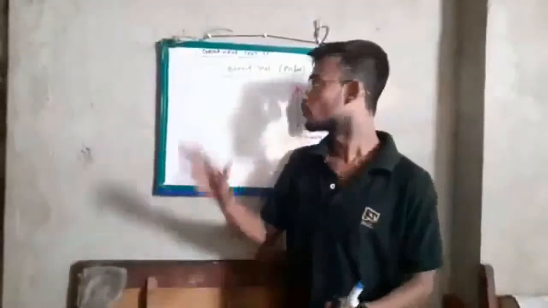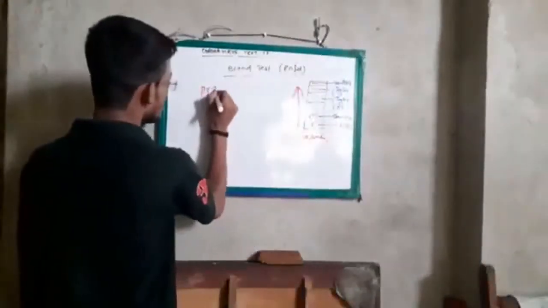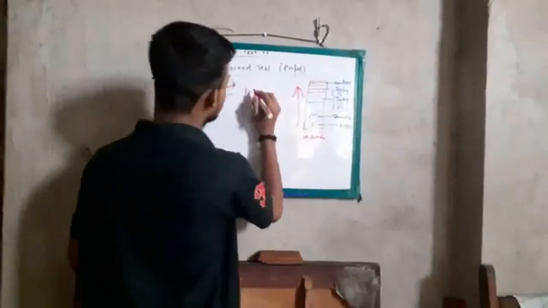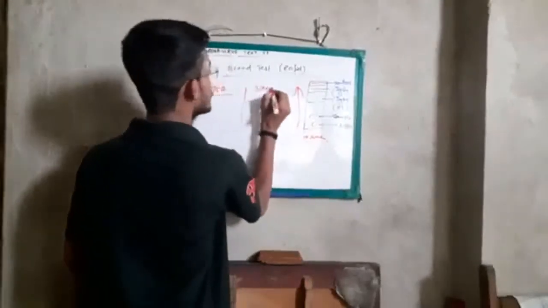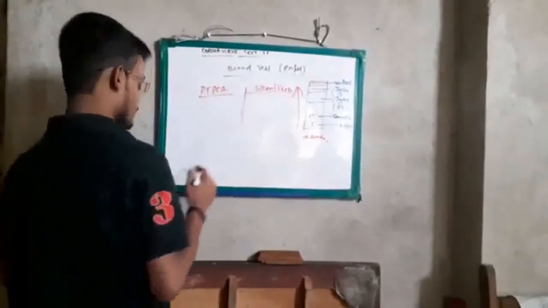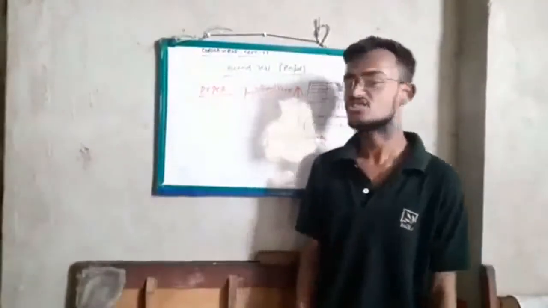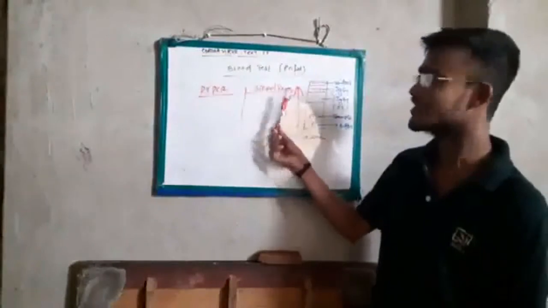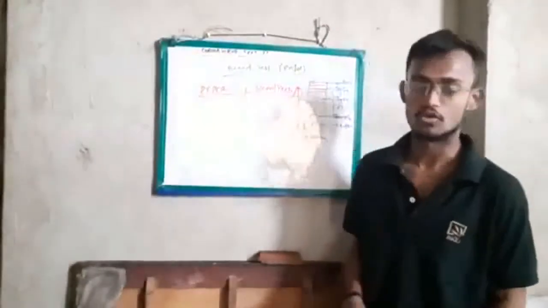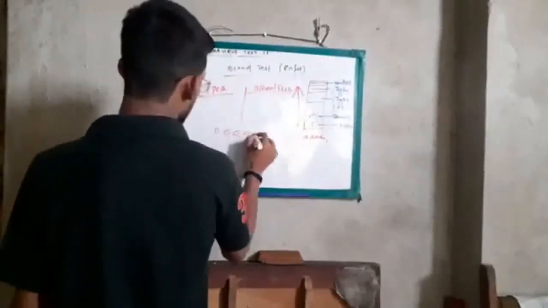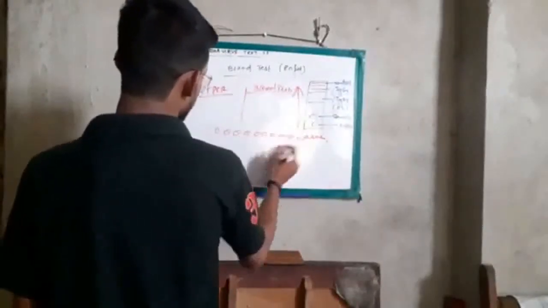I will explain both processes, the RT-PCR process and the blood test also, as per my capability and my knowledge. Now, maximum laboratories and hospitals are interested in doing this blood test initially, because I will explain: 1, 2, 3, 4, 5, 6, 7, 8, 9, 10.